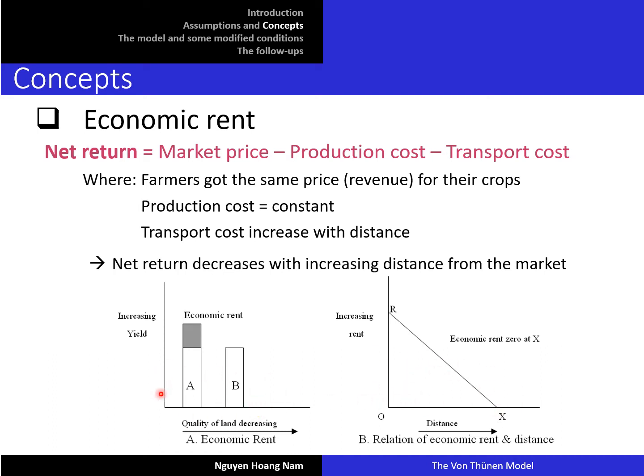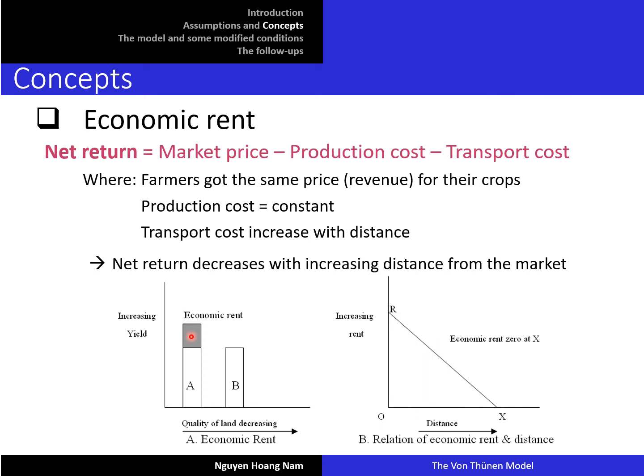How about the figure on the left? Economic rent. Here you can see a very nice explanation of economic rent. This area, between A and B, the difference between A and B is the gray area here. Let's say B is the cost to make and transport the product.